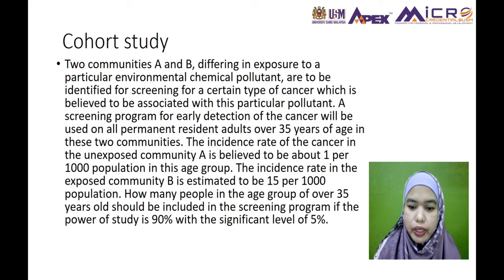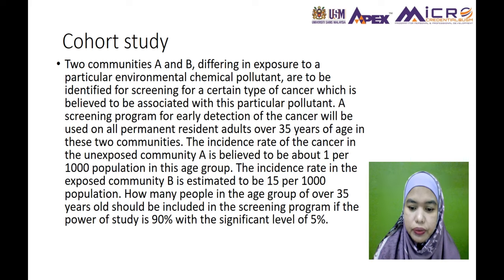A screening program for early detection of the cancer will be used on all permanent residents, adults over 35 years of age, in these two communities. The incidence rate of the cancer in the unexposed community A is believed to be about 1 per 1,000 population in this age group.